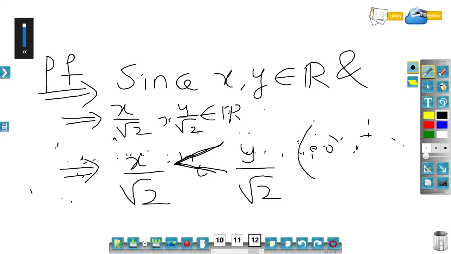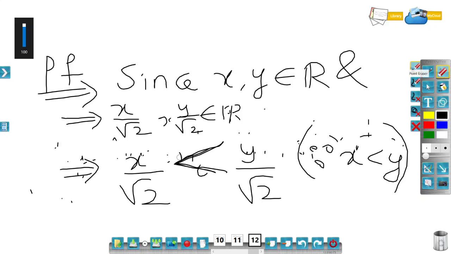The reason is, since x is less than y, if you divide by root 2, which is a positive number, the inequality remains the same.